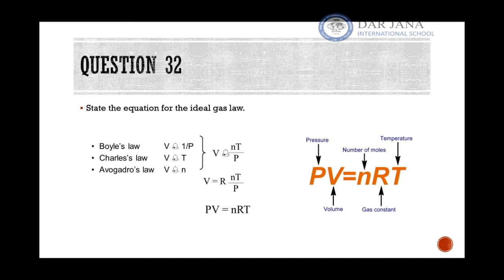So the ideal gas, when you derive the final equation, it equals PV equals nRT, where P stands for pressure, V stands for volume, n stands for the number of moles of the gas, R is the ideal gas constant, it's a fixed constant, and T is the temperature.